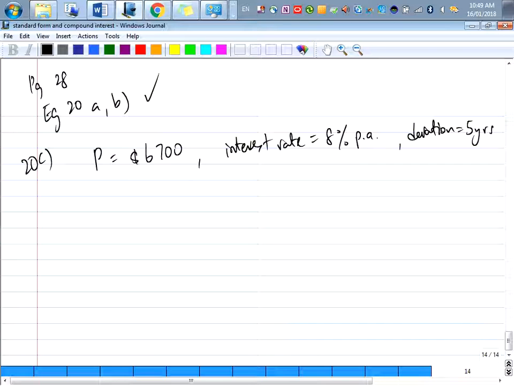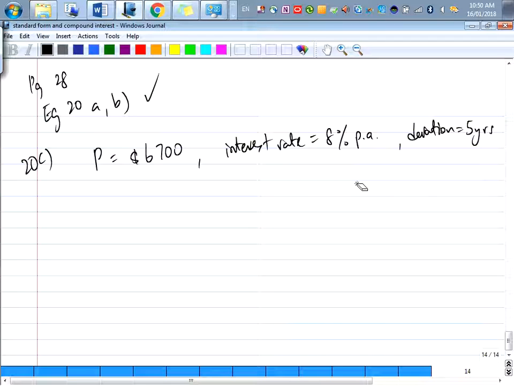Definitely 12. Okay? And accordingly, the interest rate will also be changed, because over here, the question says the interest rate is 8% per annum, right? Then what about the interest rate per month? Since 1 period is now 1 month, the interest rate will also be adjusted accordingly.